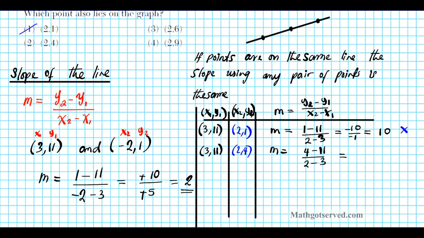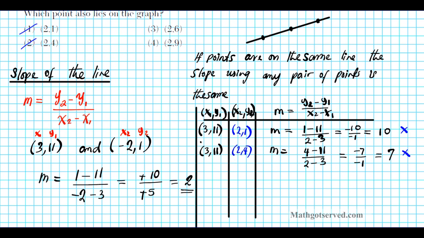If we do the calculations here, we will have negative 7 over negative 1, which is equal to positive 7. Is that 2? Nope. So let's cancel that. Option 2 is not on the line.